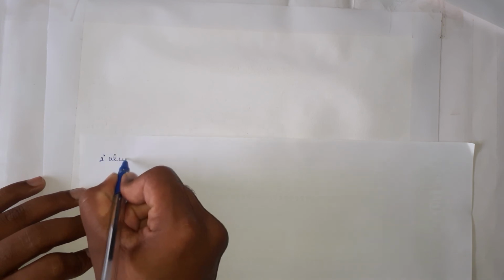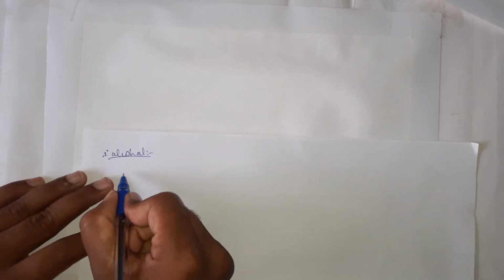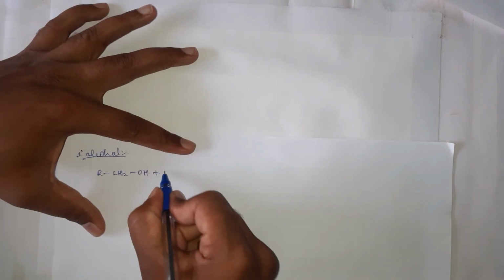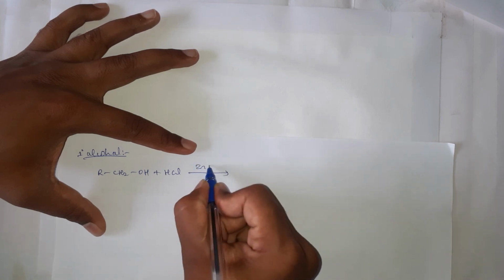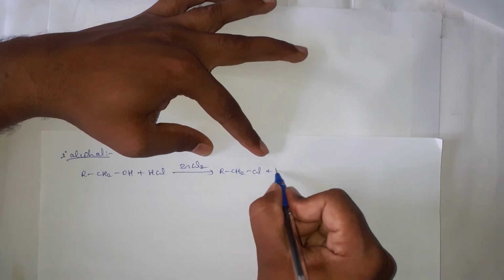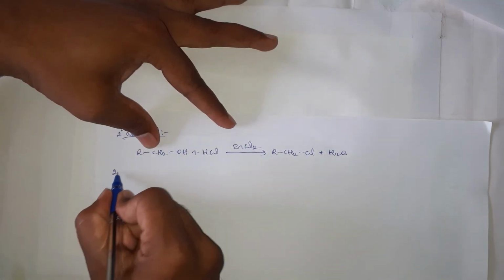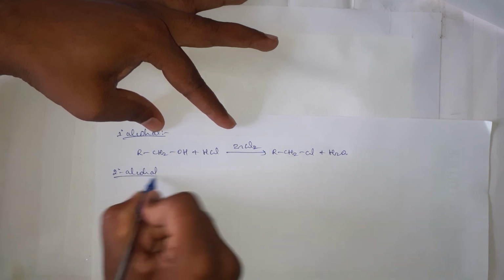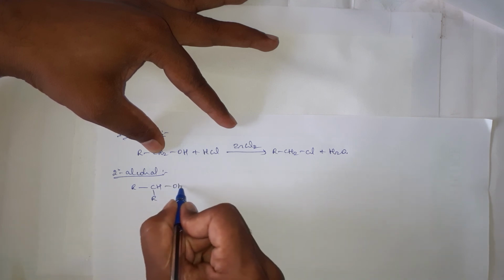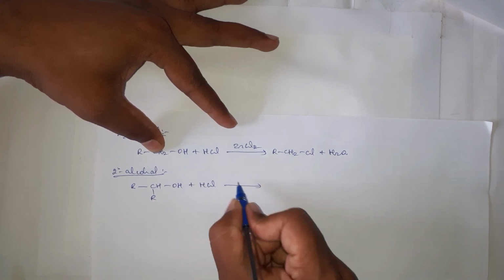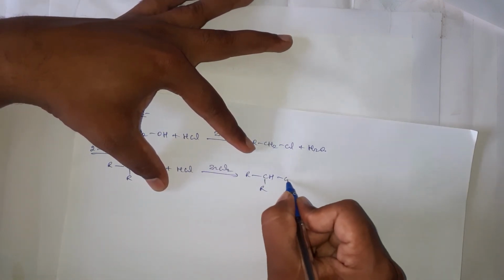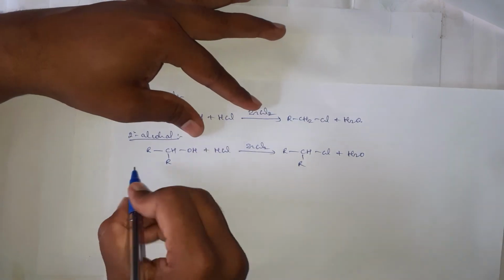For primary alcohol, RCH2OH, this is a primary alcohol. When treated with Lucas reagent, it will form RCH2Cl plus H2O. For a secondary alcohol, RCHROH plus HCl, ZnCl2 gives RCHRCl plus H2O.